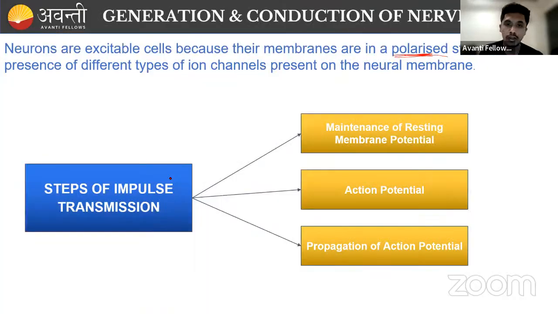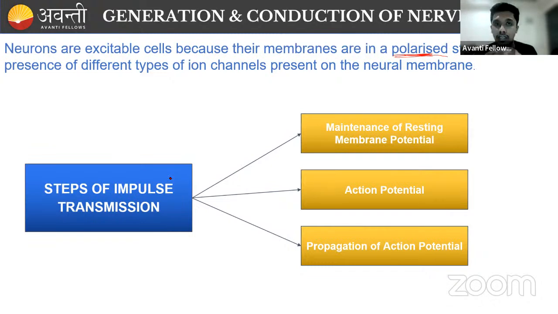Is it clear? When we talk about the excitability of neurons and their polarized state, the maintenance of the gradients of this charge is possible only by the exchange of ions. Here we don't have any switches.